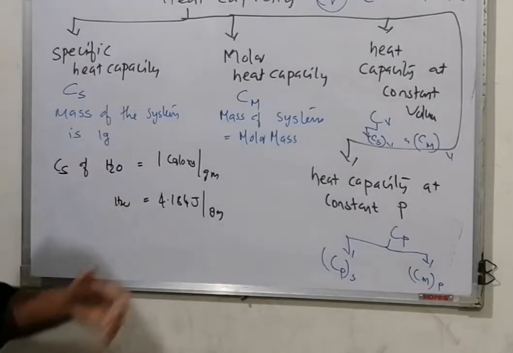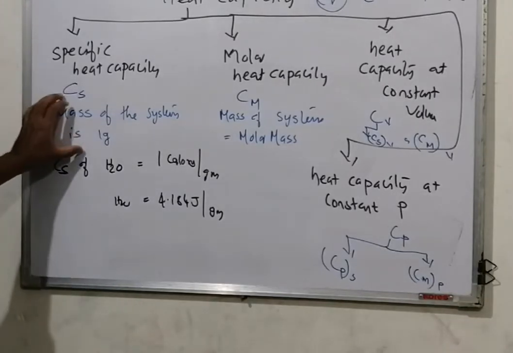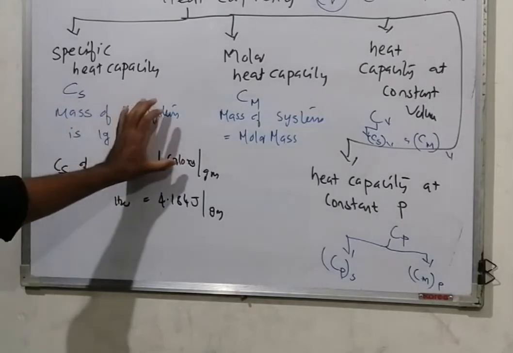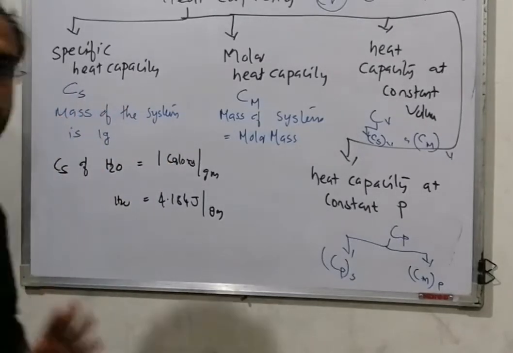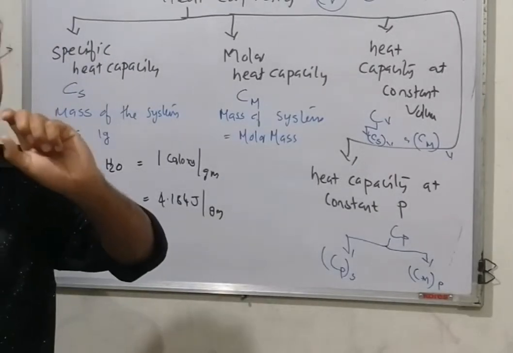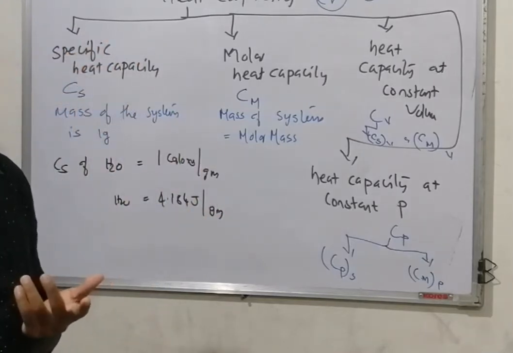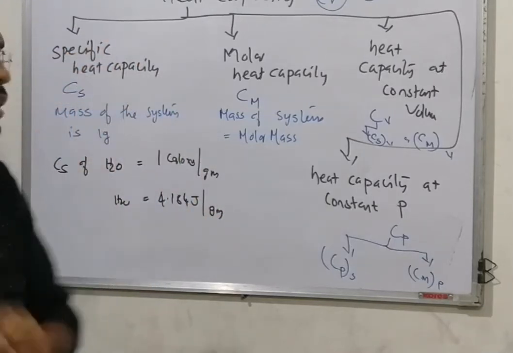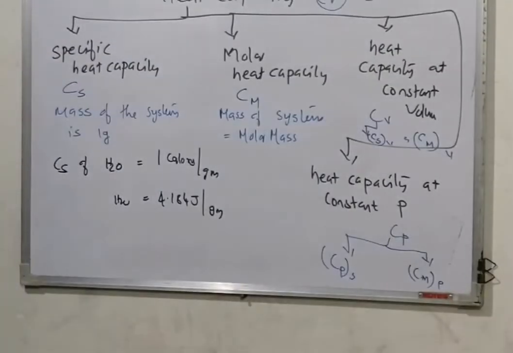If in joules, 4.18. Therefore, specific heat capacity is the heat capacity of the system when its mass is 1 gram. Very simply, it is the amount of heat required for 1 gram of a substance to raise its temperature by 1 degree centigrade. Here, for molar heat capacity, the mass of the substance should be the molar mass.